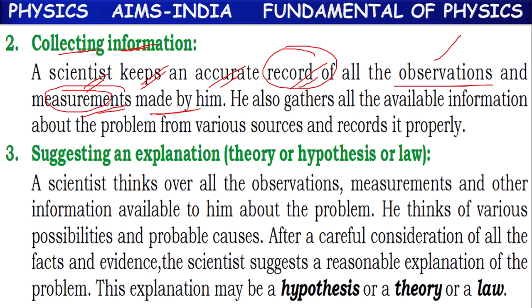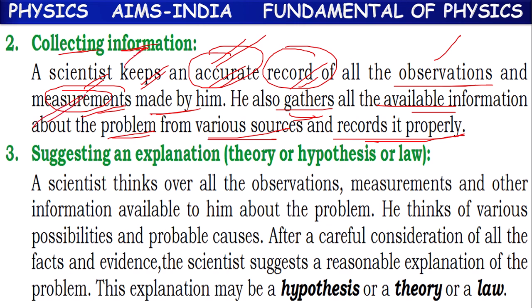He also gathers all the available information about the problem from various sources and records it properly. This collecting information is a crucial part in scientific method, because if we collect proper information, then only we will get better results.